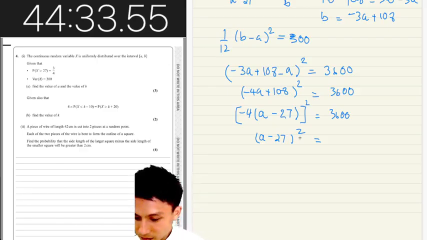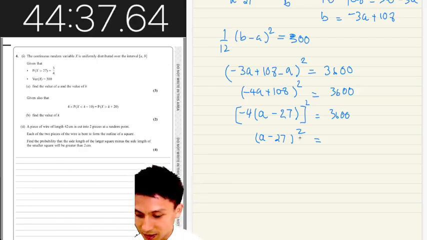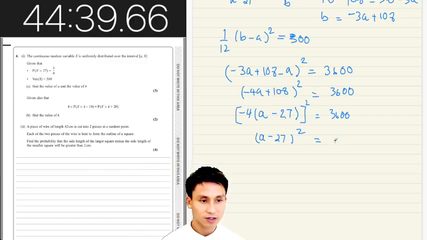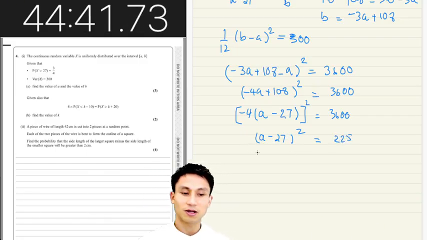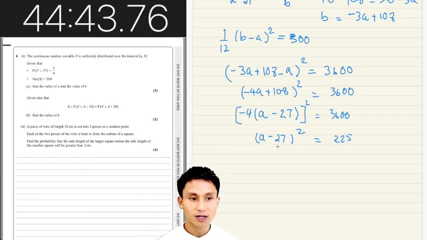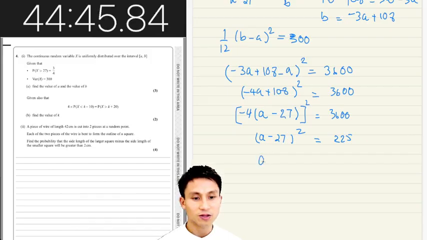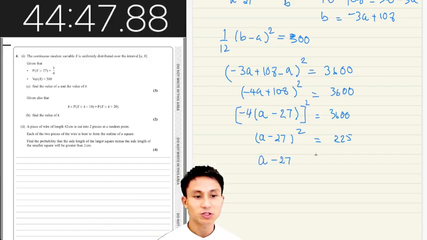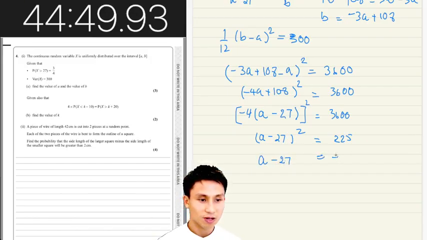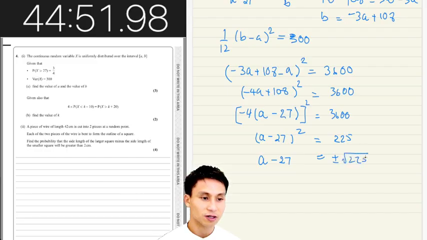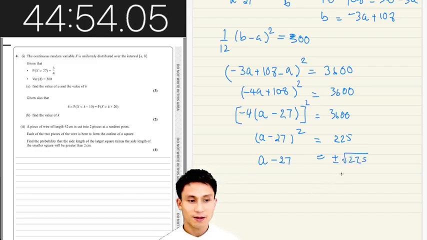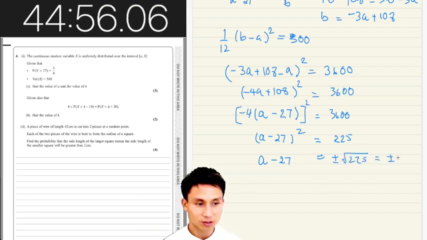So I'm gonna do 3600 divided by 16. Okay, so I get 225 here, just to cut out a lot of numbers. And here we can solve that using completing the square. If we square root both sides, we're gonna get plus or minus square root 225, which is plus or minus 15.